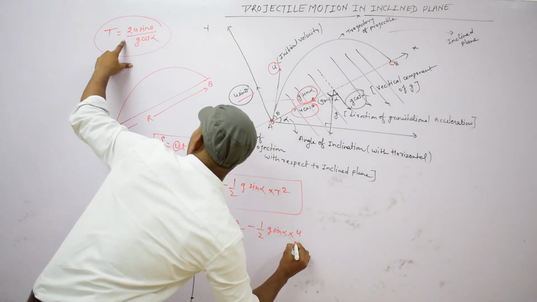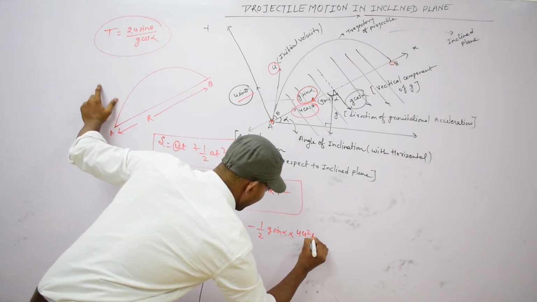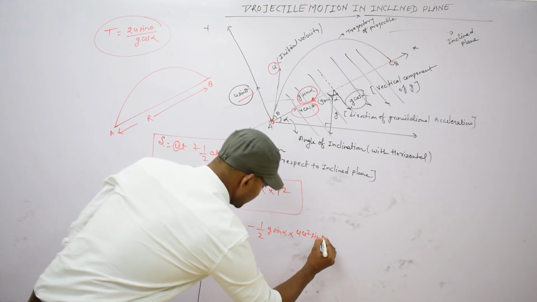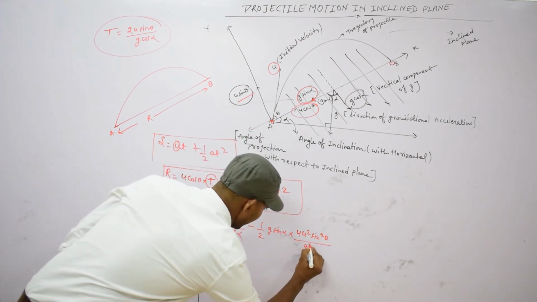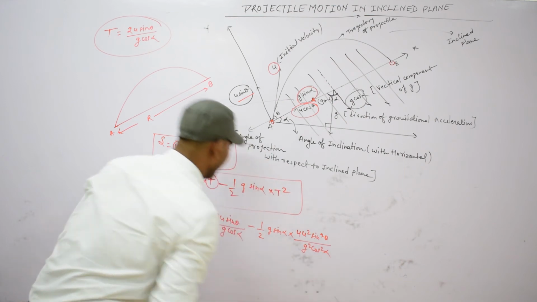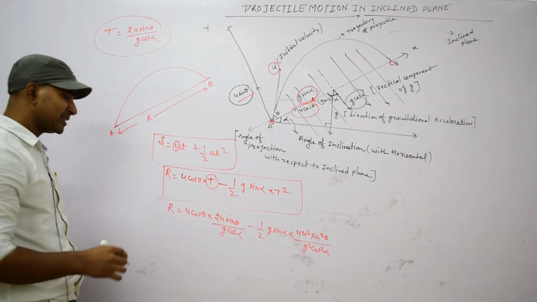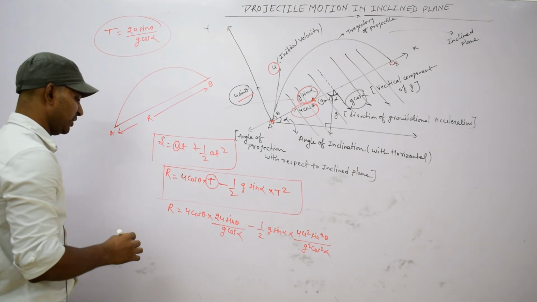So you will get 4u square sin square theta upon g square cos square alpha. You can further solve this result also if you need it.